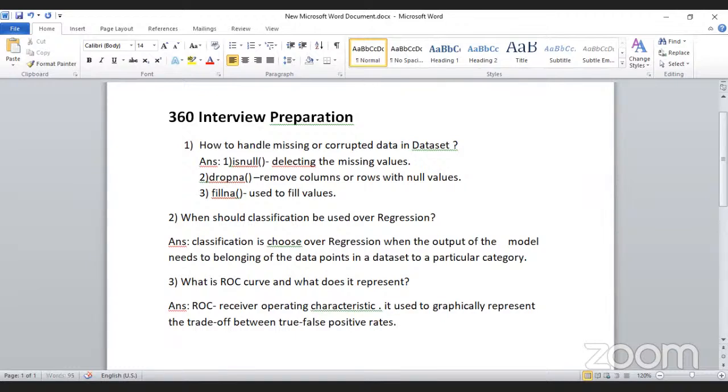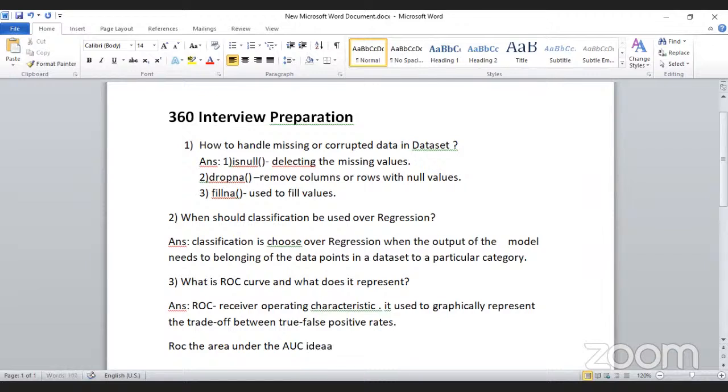One more line I would like to add: AUC is the area under the ROC curve.